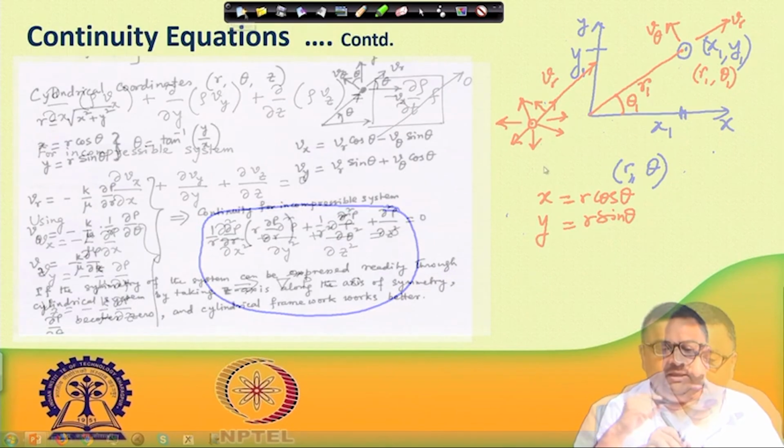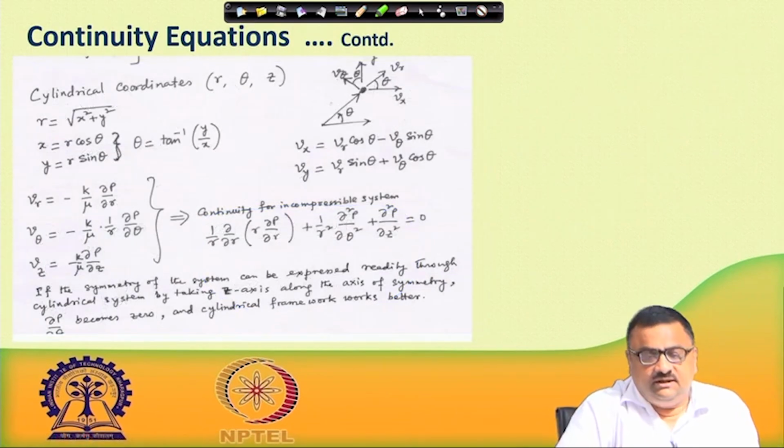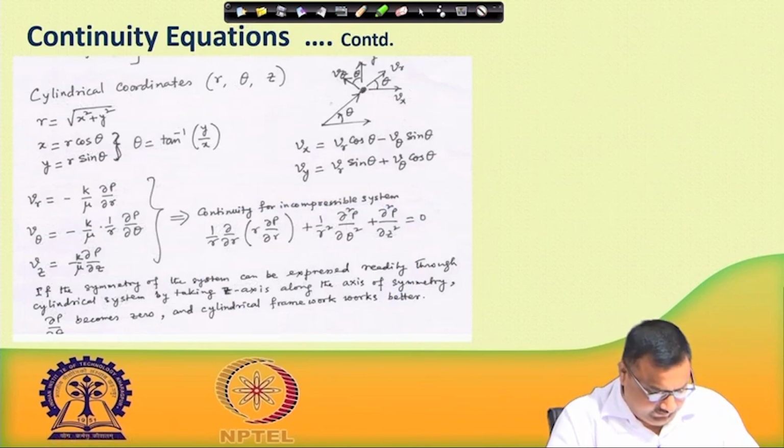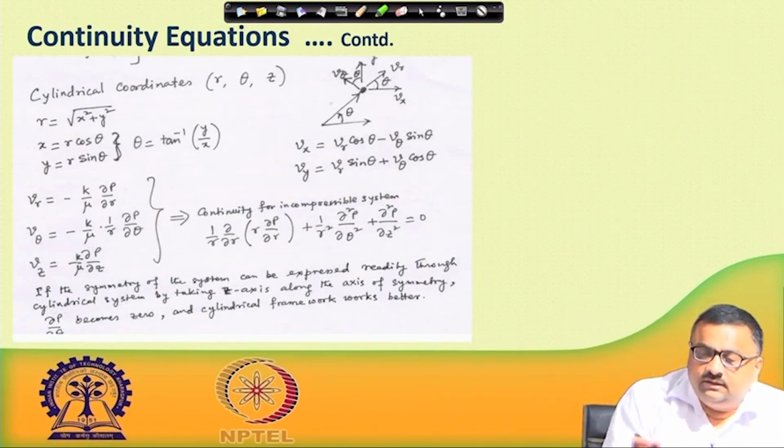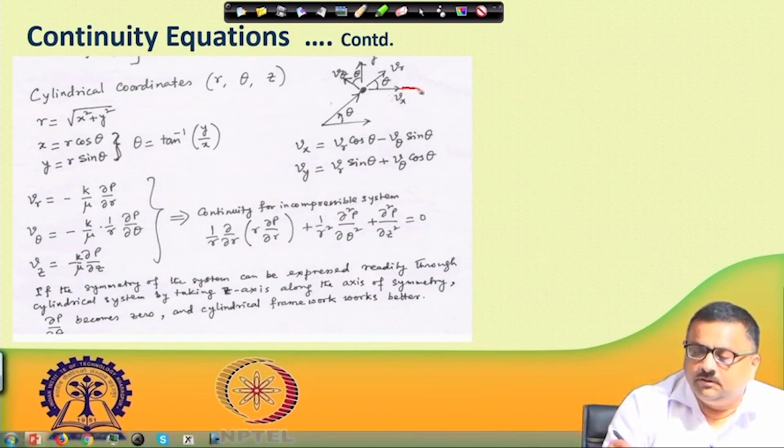Now, if we look at this cylindrical coordinate system, that is what we were discussing earlier, here you have the r theta system. V x is in this direction, and V y is in this direction.